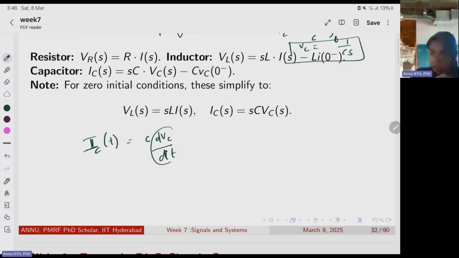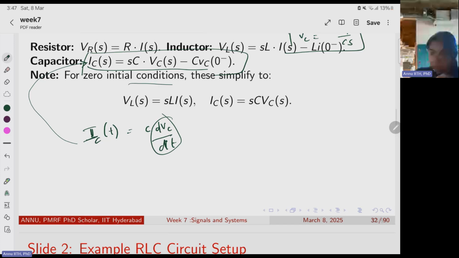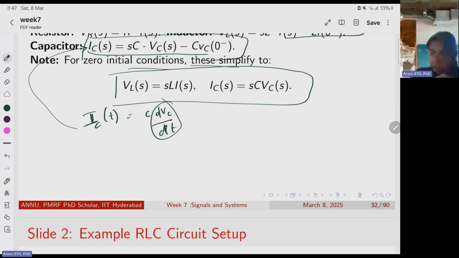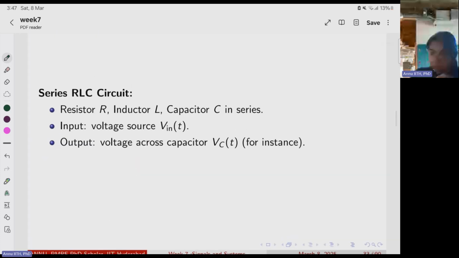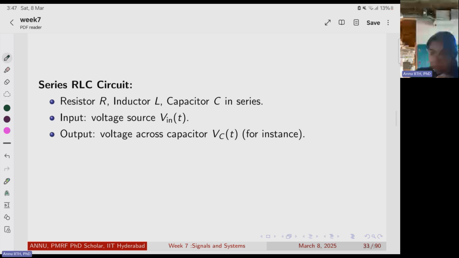So if we only want to write in the form of the T part, that can be written like this. For zero initial conditions, this simplifies to V_L(S) equal to S L I(S), and I_C equal to C S V_C.